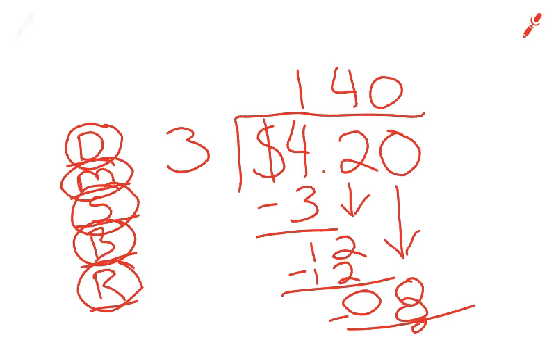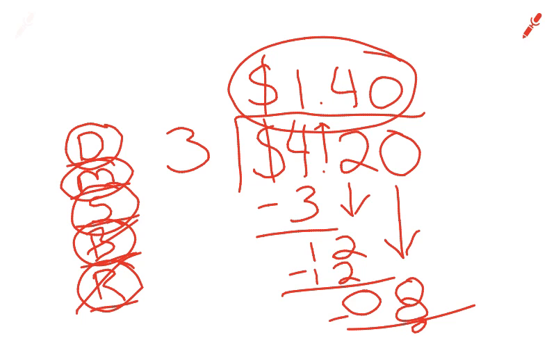And brother, bring down. Nothing to bring down. Rover, repeat or remainder. But there's no remainder. We just have 0. So our answer, put your $ sign in there. Bring this decimal up, is $1.40 for a third of the yard, a third of the material. That's the answer to 6A, $1.40.